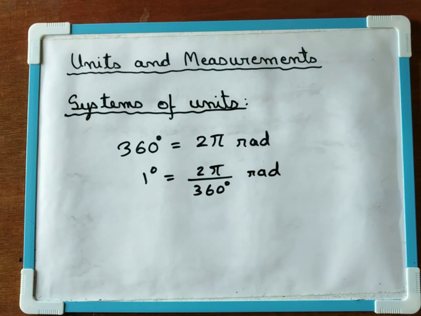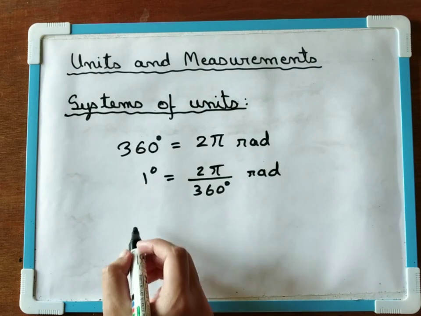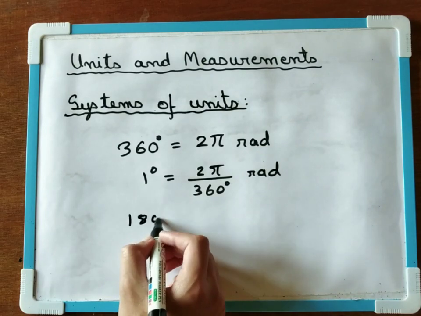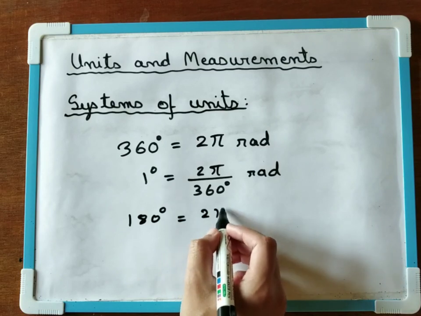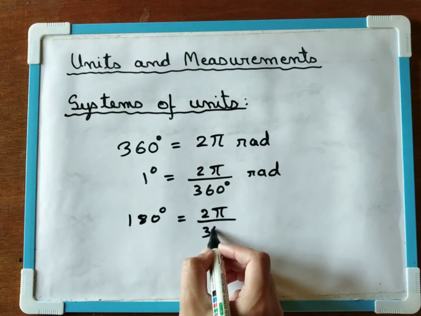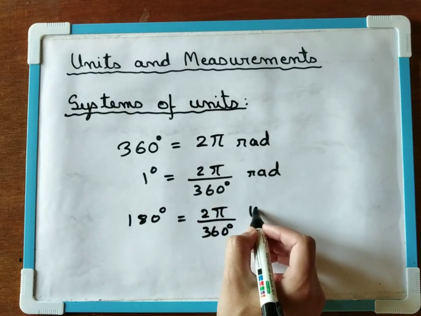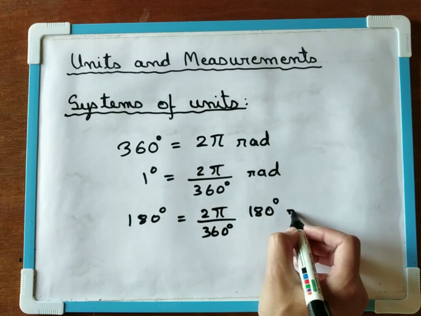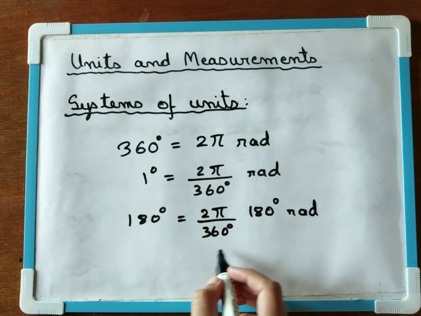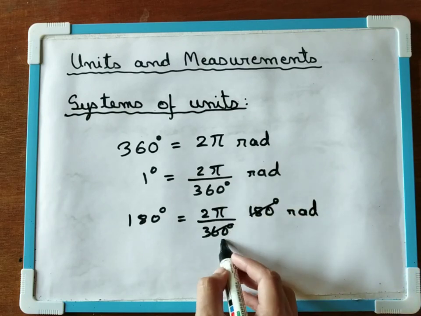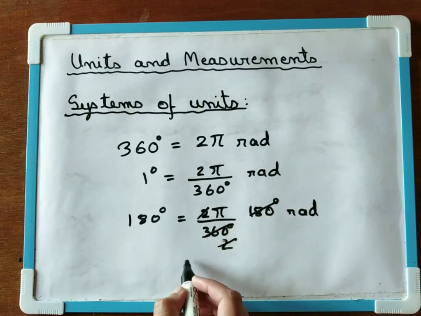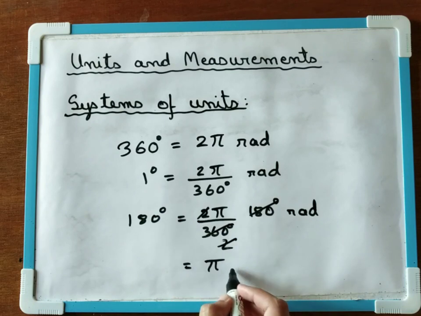Right, so if you want to find the angle of 180 degree in terms of radian, what you do is you multiply 180 degree both sides. So 180 degree, then here also 2 pi by 360 multiplied by 180 degree. Then we can cancel this 2 and this, so what you get is pi radian.